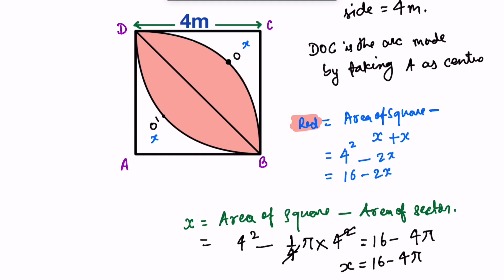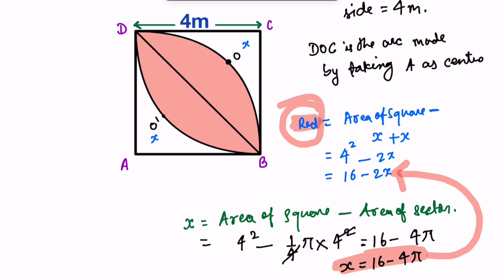We will use this value of x here to find the value of red area. So let's rewrite red equal 16 minus 2, and in place of x we'll write 16 minus 4 pi.